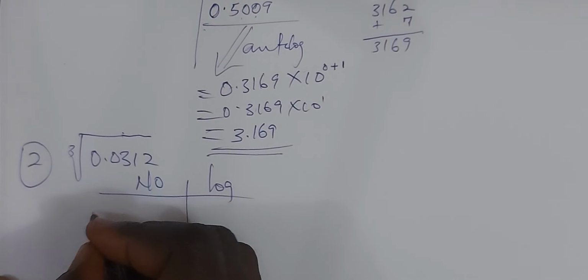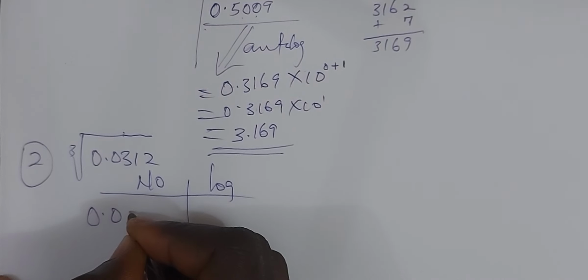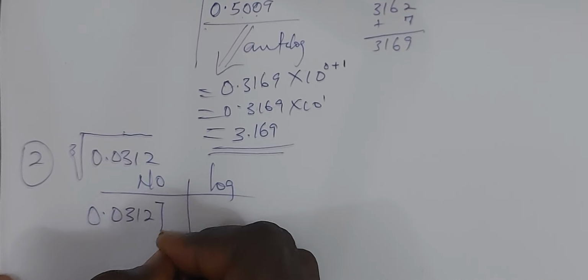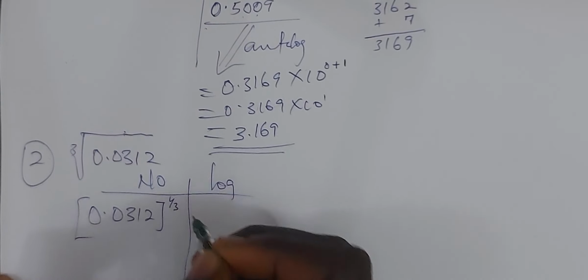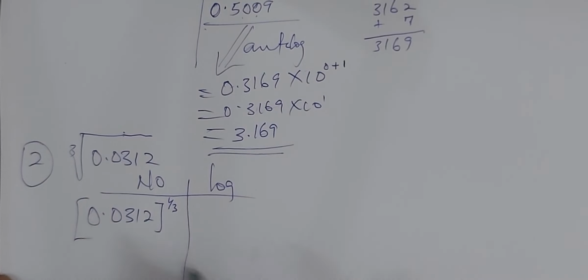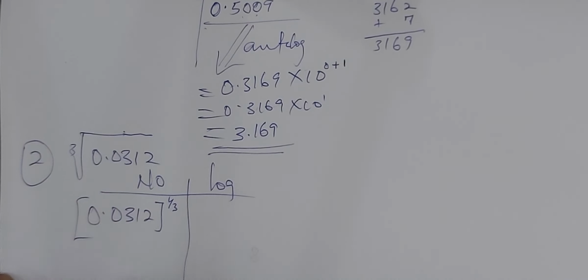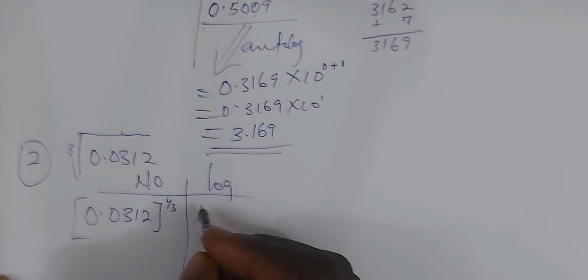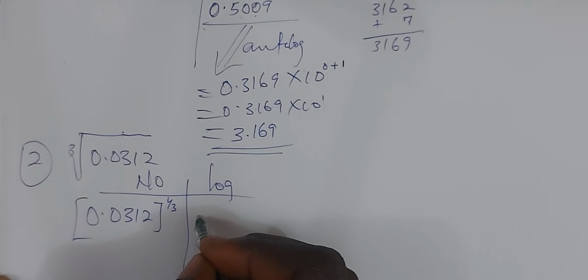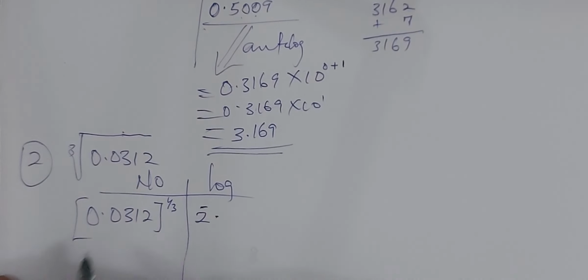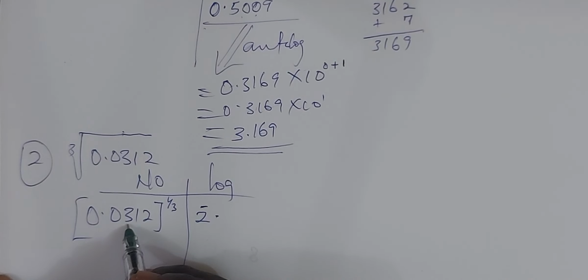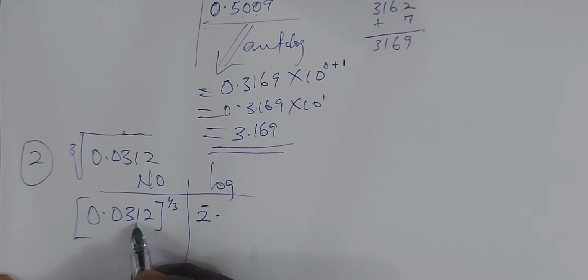So this number can be written as 0.0312, everything raised to the power of 1 over 3. So we convert it to the standard form and take the power of 10 as the integer part, which is 1, 2. Because we are moving it from behind, that is minus 2, bar 2. So we'll go straight to look for the logarithm of 31 under 2.